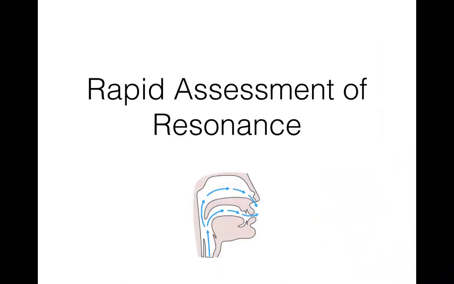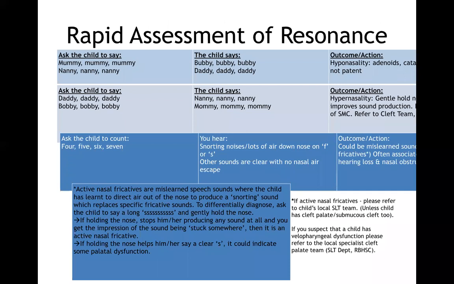Thankfully, and I'm going to be sharing this with Aisha, we do in the UK have a rapid assessment of resonance, which helps us to do that. I have it on the screen here, and obviously this is in English, but maybe you would be able to adapt it for the Pakistan context.